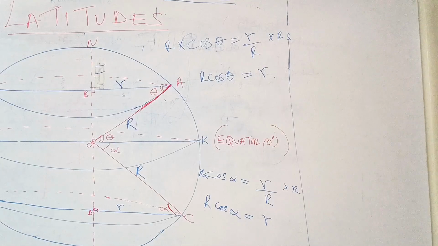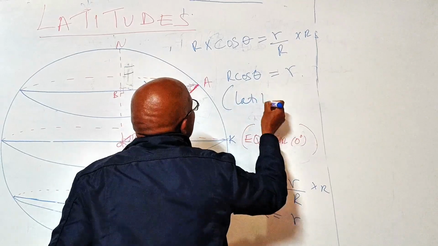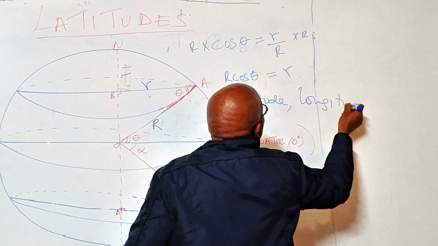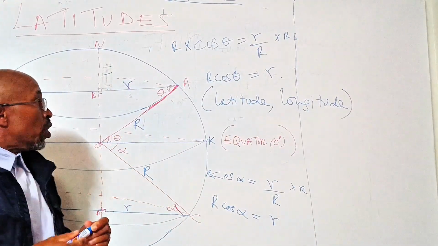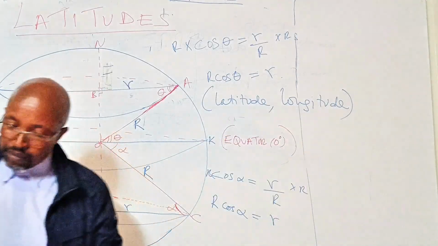The next thing to note is that the position of a point on the earth's surface is given by its latitude and longitude, given by ordered pair, latitude, longitude, in that order. We always give the ordered pair, starting with the latitude, then longitude.